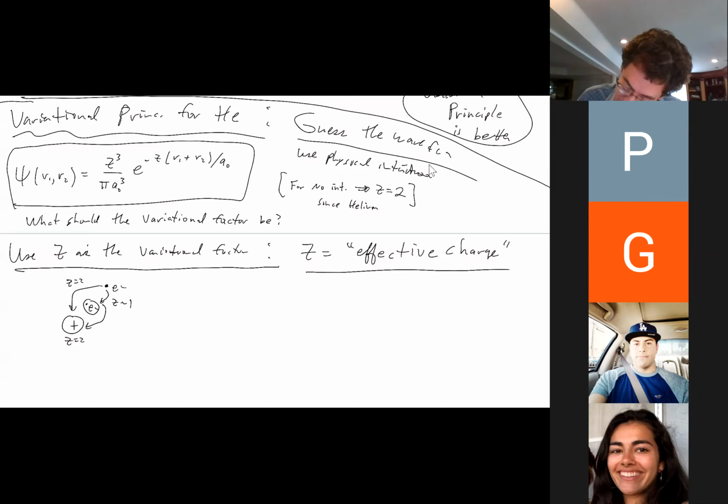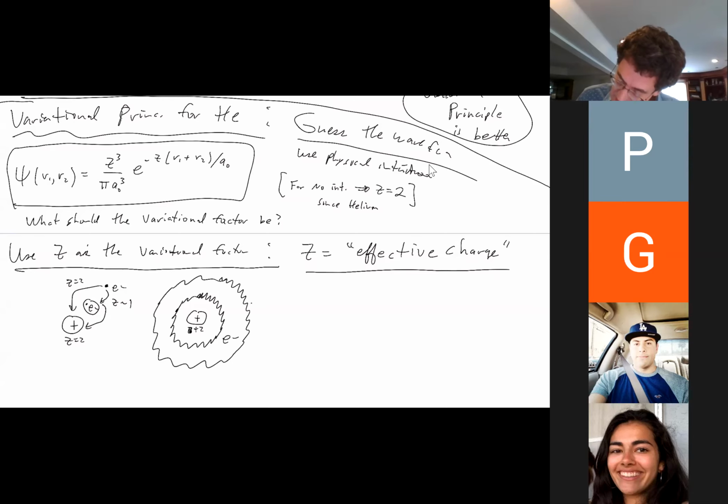It's like I have the nucleus here, which has +2, but now I have my first electron, and then I have my second electron. And so wherever this second electron is, it will always see some negative charge in front of that nucleus.